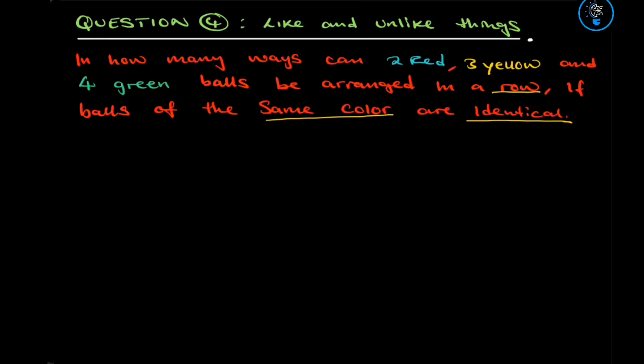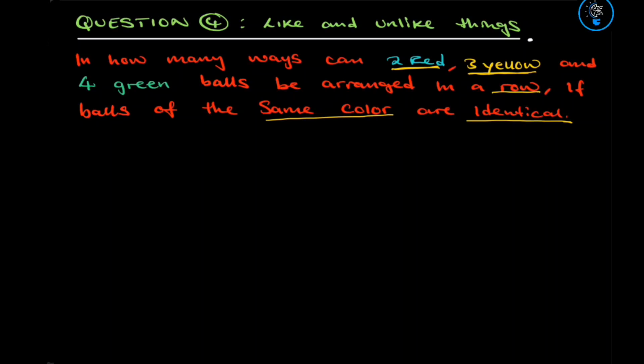Now I want us to focus on this last part, which is identical. If you encounter a question of this kind and you are told that you have a particular number of items that are grouped, we have a group of 2 red balls, then another group of 3 yellow balls, then a group of 4 green ones. So this question has groups and they are identical.